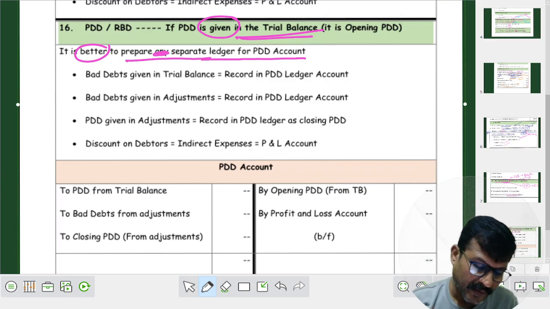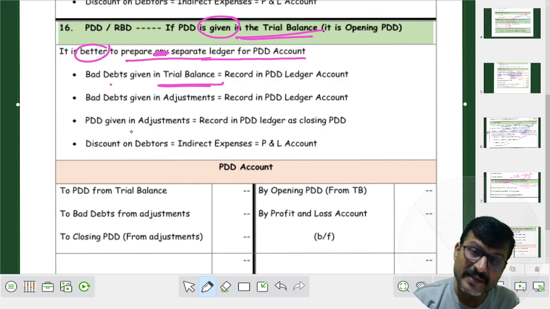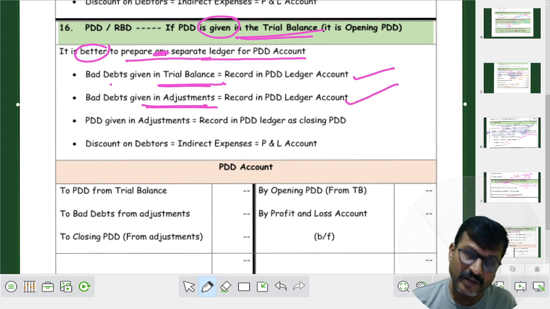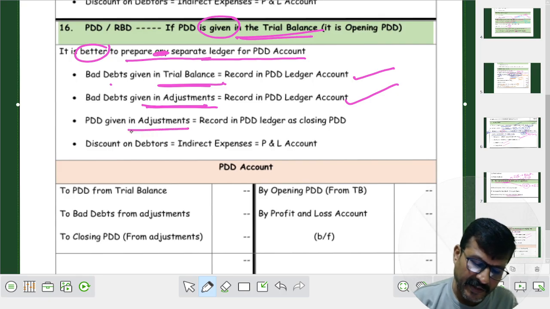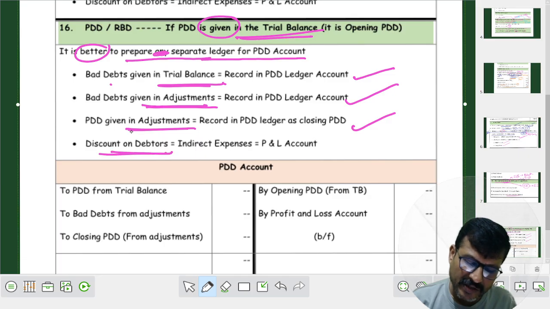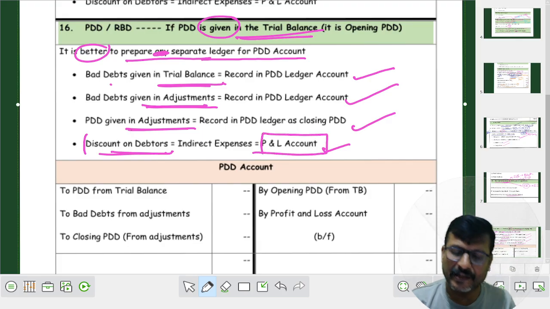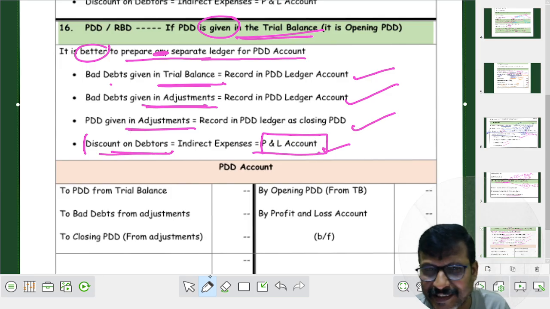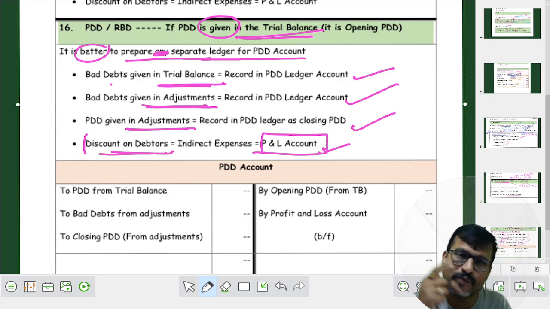Bad debts given in trial balance, record in PDD account. Bad debts given in adjustment, record in ledger account. PDD given in adjustment, record in ledger account. Discount on debtors is an indirect expense, record only in the P&L account. It is not to be recorded in PDD account because discount does not come in PDD account.